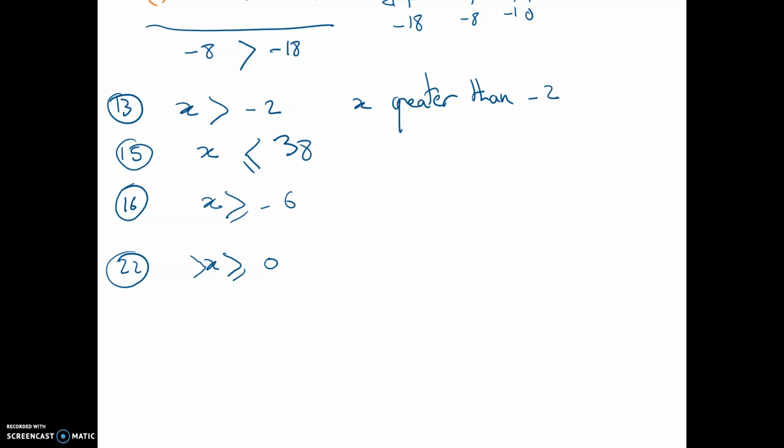At the same time, I have x greater than or equal to 0, or x less than or equal to 2. Next to that, we have x greater than 5, and there is no equal because they're not telling us that it is or equal to 5.